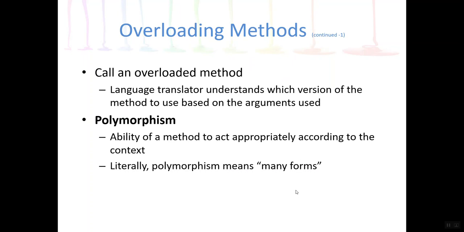And that ability of a method to act appropriately according to the context, in other words, which one of those methods is going to be used based on context, is called polymorphism.